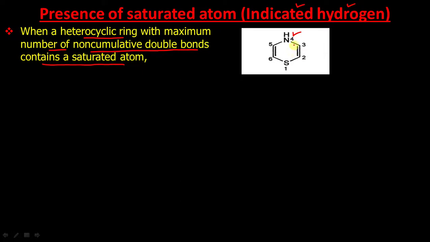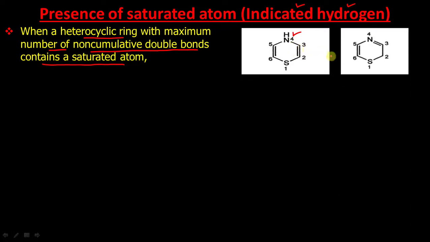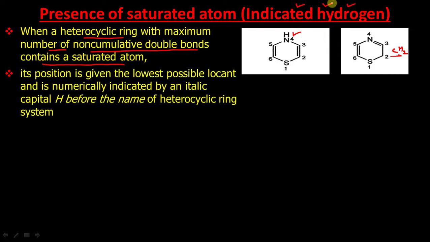So how to name these compounds? Similarly, next you can see it has two non-cumulative double bonds, then there is a saturated center. This center 2 is saturated, it is a CH2. So it also contains a saturated center. Then how to name such types of compounds? We take the help of indicated hydrogens.